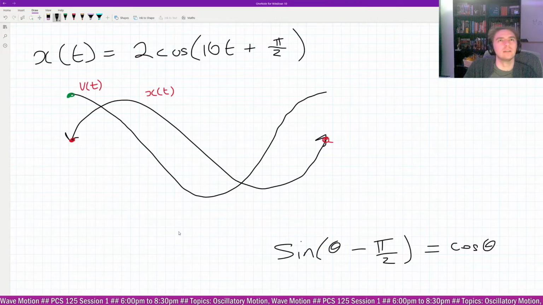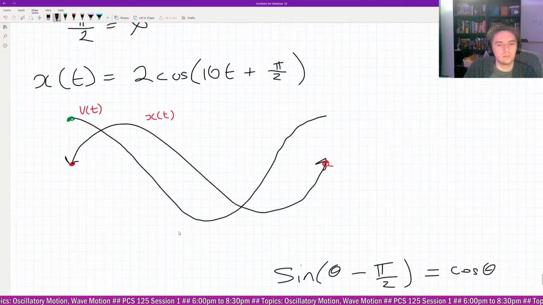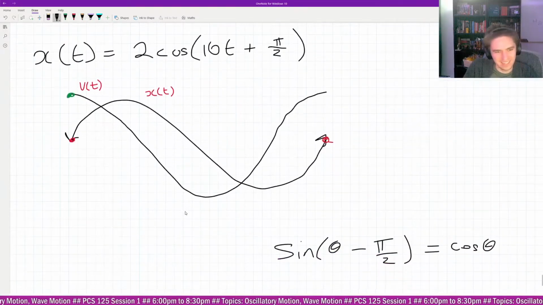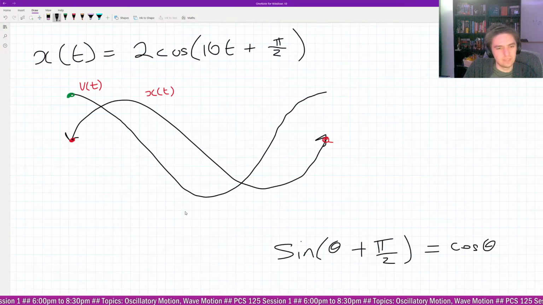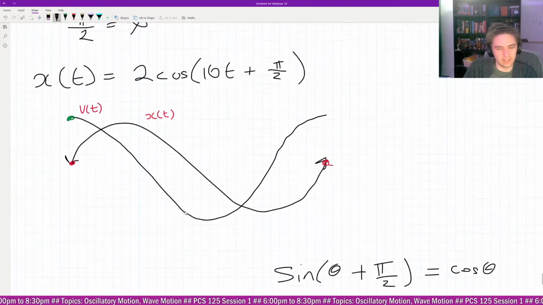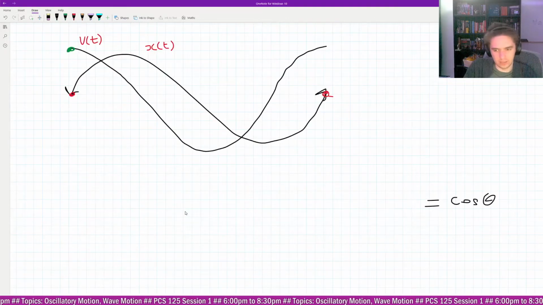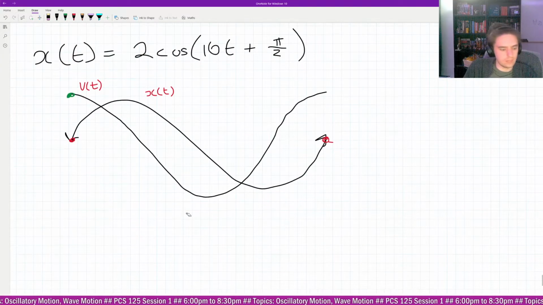Minus pi over 2. Wait, let's just look at it here for a second. I want to take the sine and move it in the negative direction by pi over 2. So this is what the case is. Okay, I'm confusing myself now because I got the wrong thing here.